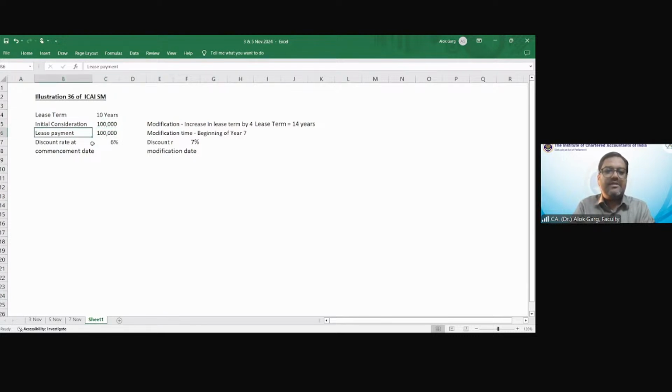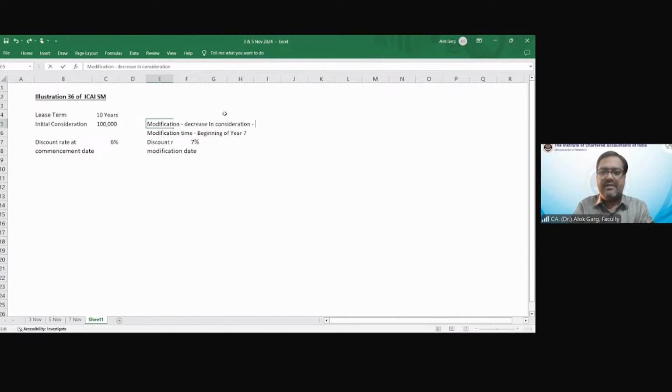So let me write this as the initial lease payment or initial consideration. What is my modification? Modification is a decrease in consideration, so the lease term is the same.